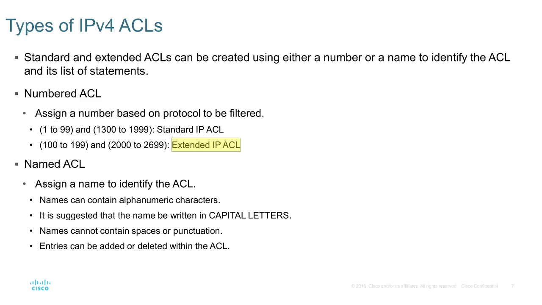In terms of a named ACL, we can use any alphanumeric characters, and the only thing is we cannot have spaces and punctuation. Other than that, it is another way of identifying the access control list. So that list of rules will be identified either using a number, saying ACL 10, or a name, like ACL outbound.